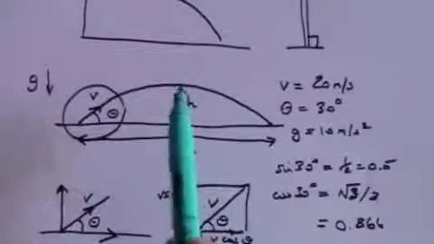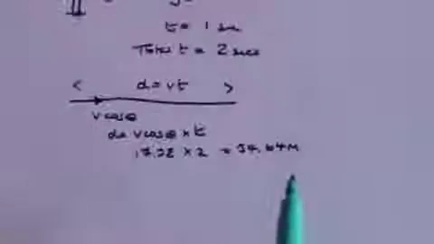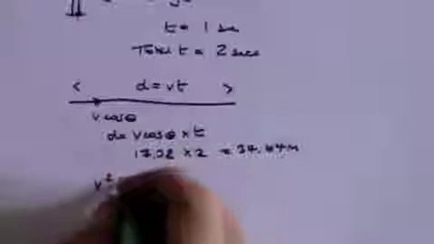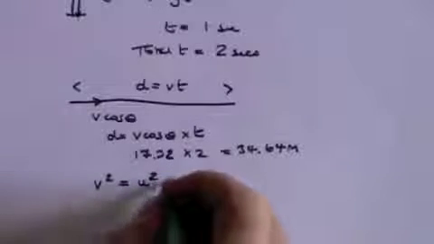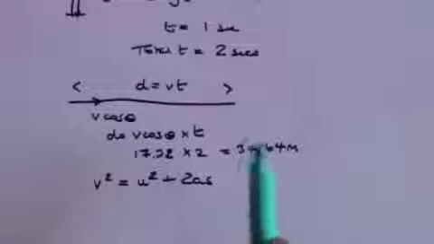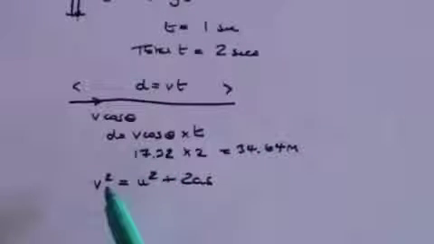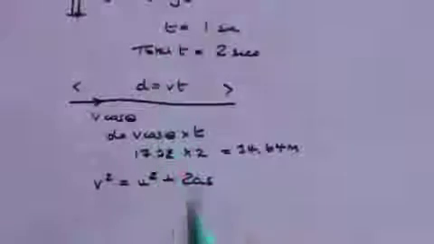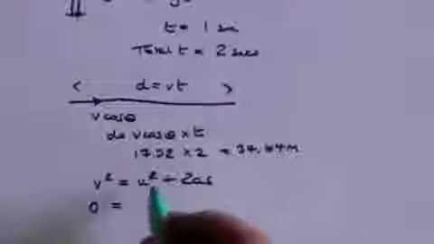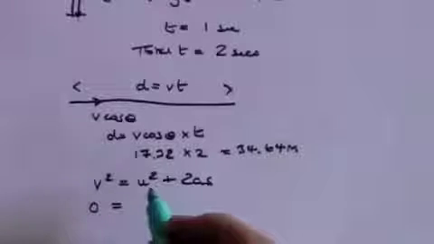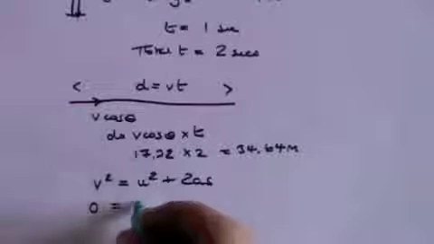Now we want to know how high it goes at its maximum height. And for that we need the formula v squared equals u squared plus 2as. V, as we've said, is 0. That's the velocity when it gets to the top of the up and down path. U squared is the initial velocity, which is the vertical component of the velocity, and that's 10.